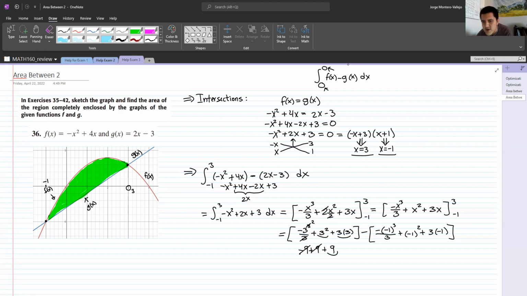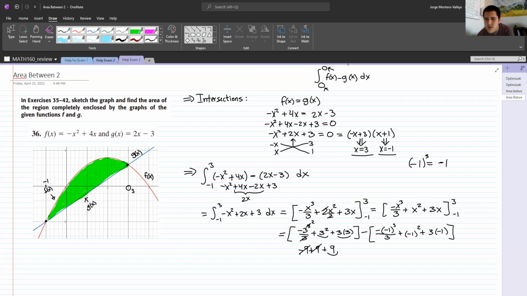Okay, now over here, you see that -1 cubed will give you a negative number, right? Because negative times negative times negative gives you a negative. So then it will be negative, and 1 cubed is just 1, right? So you get -1.